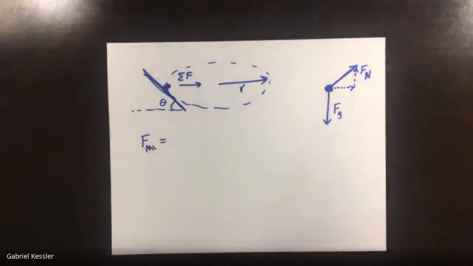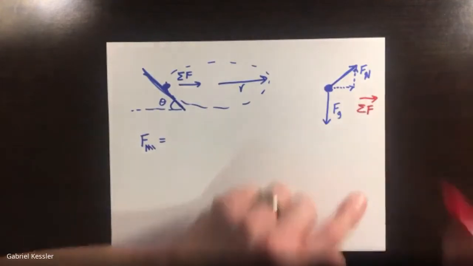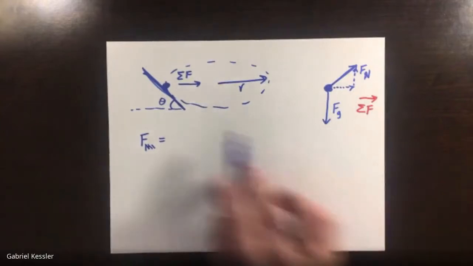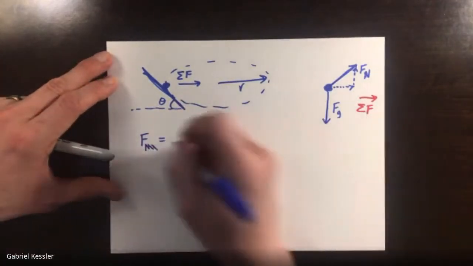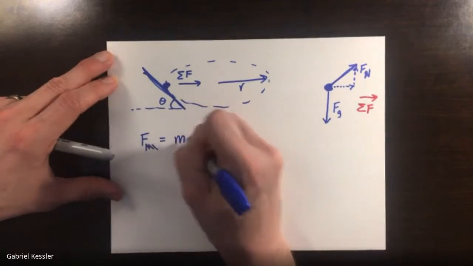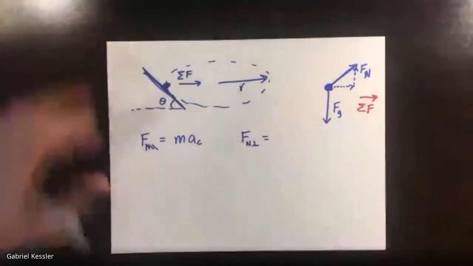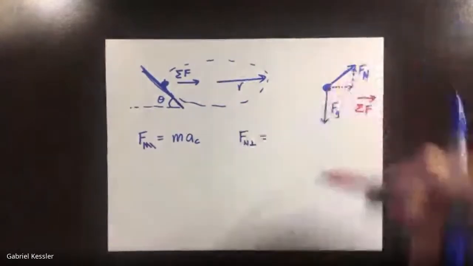If you remember, that direction is the net force. I'm going to do this in a different color because you don't put net force on a free body diagram. All right, net force is that way. The only force that's in that direction is the normal force. So the parallel component of normal force is going to be equal to mass times centripetal acceleration. The perpendicular component of normal force, right? So this upward part, that's balancing gravity.